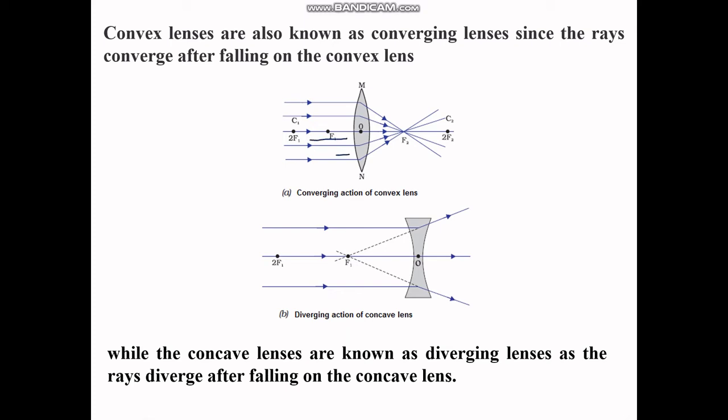You can observe that the rays which are falling on the lens, after getting refracted, meet at a point. They are converging at a point. Similarly, in the concave lens, the rays which are parallel to each other fall on the lens. After refracting, they are moving away from each other and appear to come from a point. So here it is converging, here they are diverging. So that is why convex lens is known as a converging lens, whereas concave lens is known as a diverging lens.